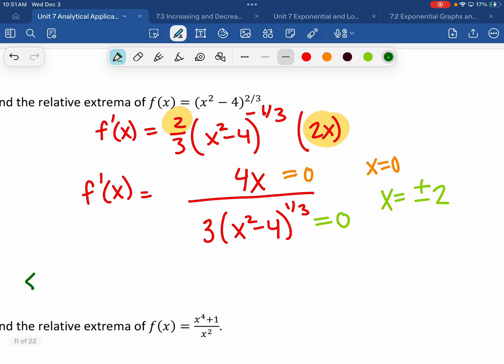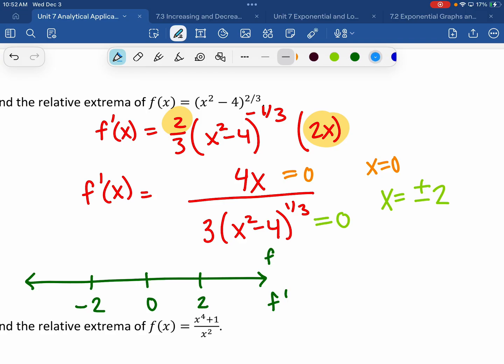All right. So on my number line, I've got -2, 0, and 2. All right, so we're going to plug in some test numbers. So like -3, a number on the left side of -2. What's the top going to be? Negative. And then -3 squared minus 4 is going to be?